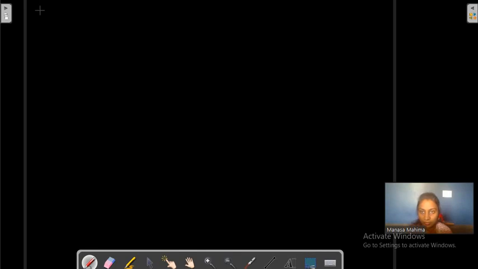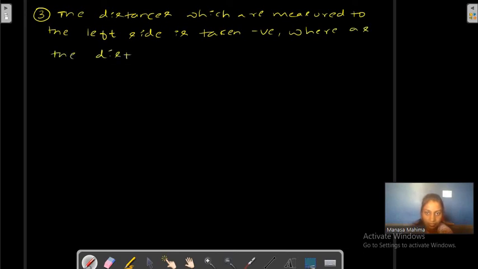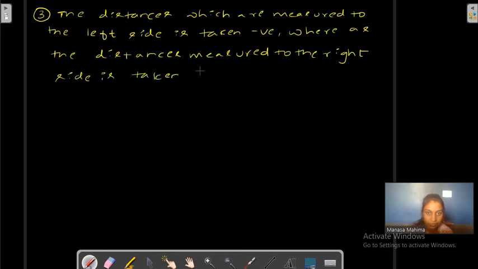Here, what is the next point? The distances measured to the left side are taken negative, whereas the distances measured to the right side are taken to be positive.